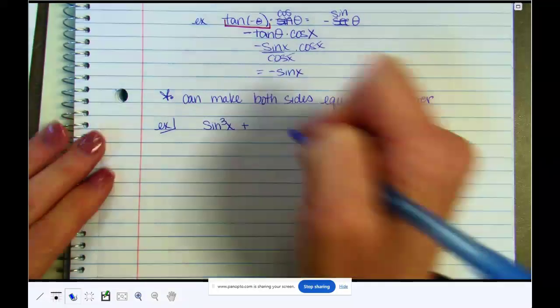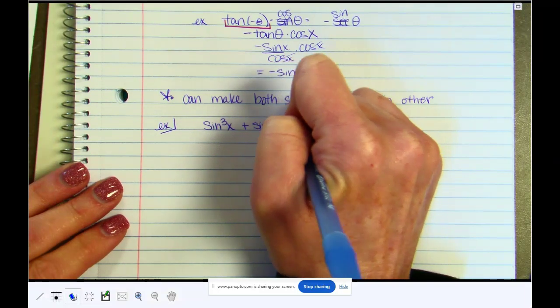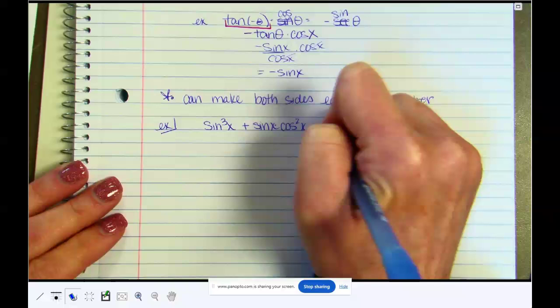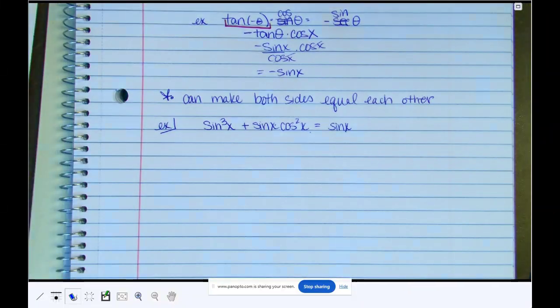Plus sine x cosine squared x equals sine x. Okay, so everything's already in terms of sines and cosines. There's no parentheses.